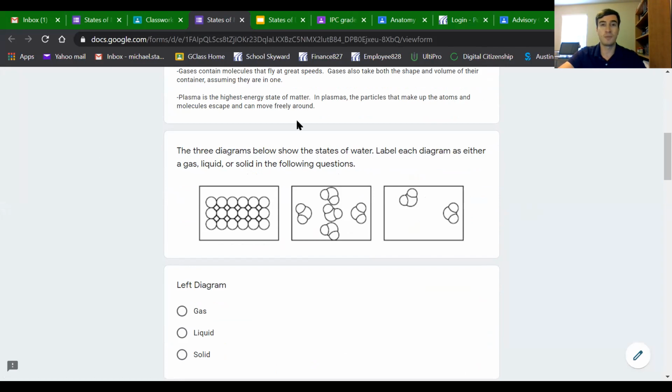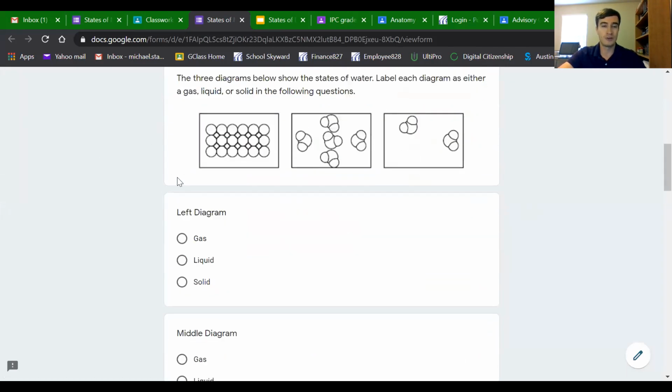So on the worksheet, you can put the labels right underneath, or if you fill out the Google form, you just have to say what's in the left diagram, what's in the middle diagram, and what's in the right diagram.